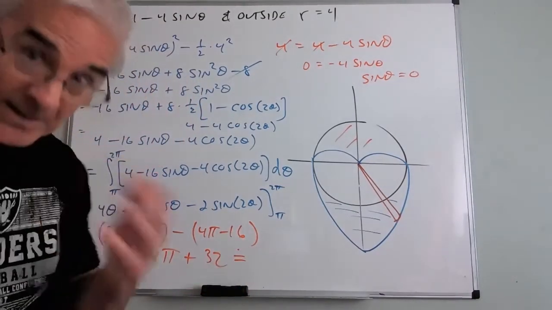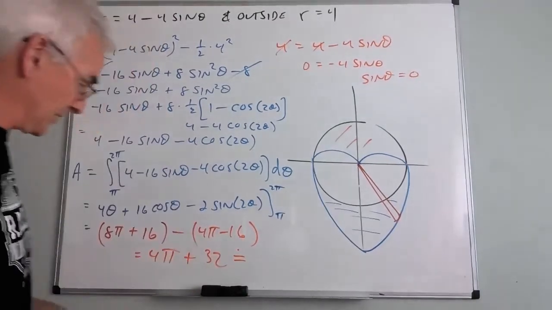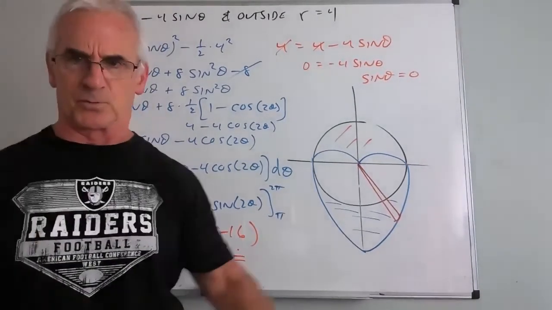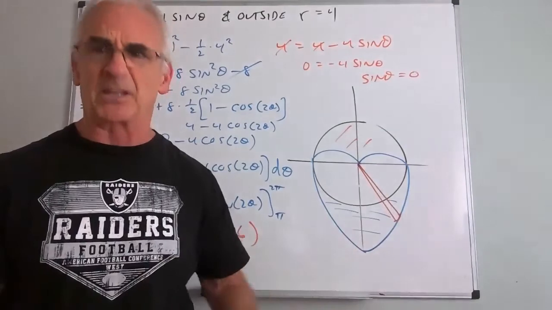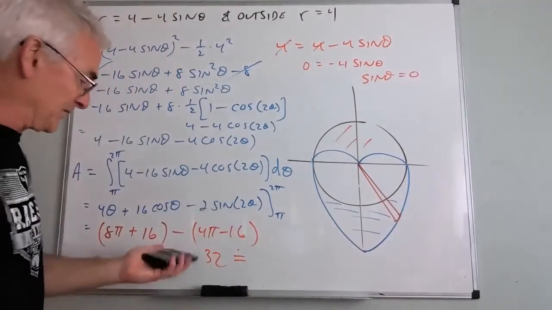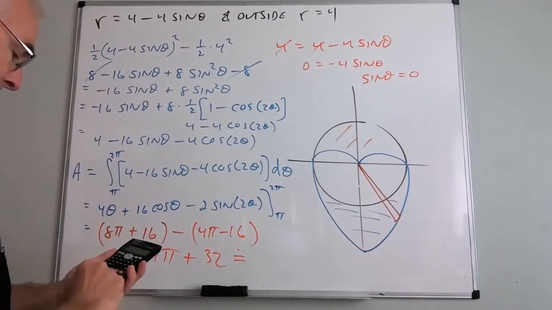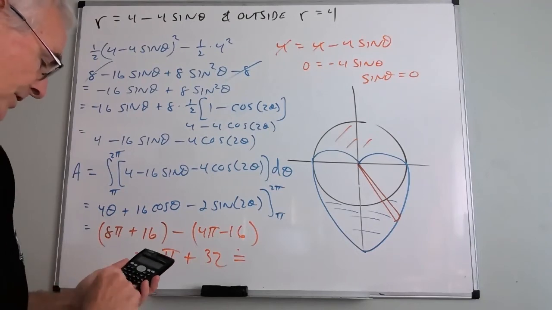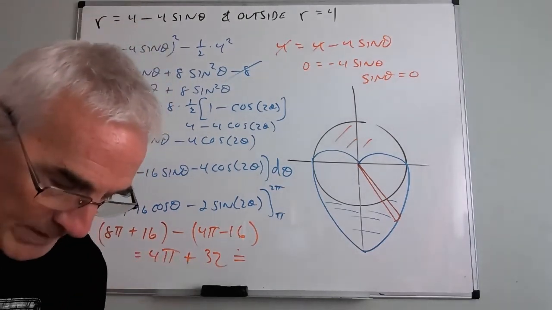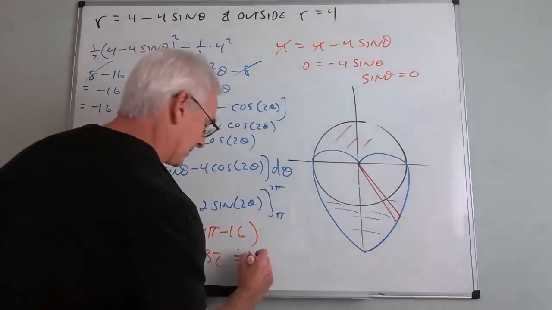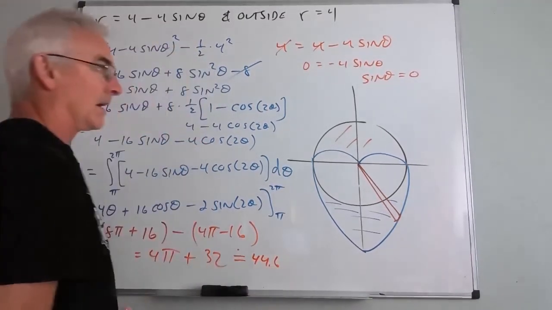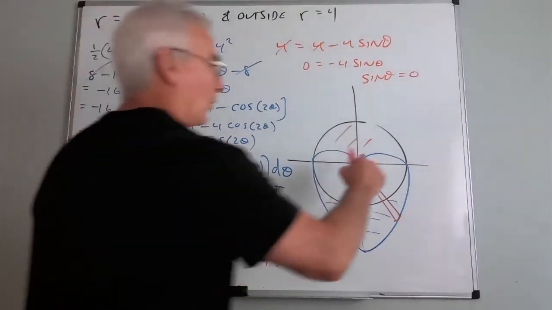When I go to Home Depot later today and I say, all right, I need 4 pi plus 32 inches of wood, they're going to be confused. I would like to know a decimal value. I don't know how big that is. So 4 pi plus 32 is about 44.5, a little more than 44.5. What did we say these were?